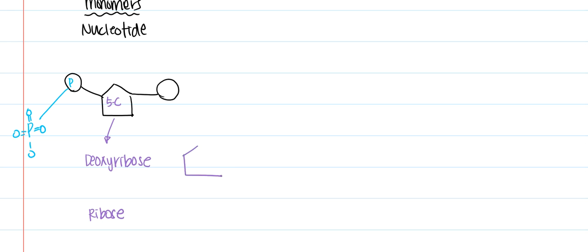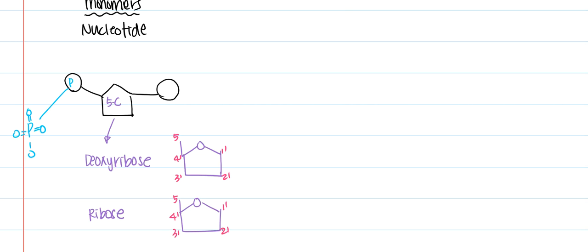Deoxyribose and ribose are made up of a 5-carbon ring with a methyl group sticking out. So this is 1', 2', 3', 4', 5'. Again, 1', 2', 3', 4', 5' carbons.